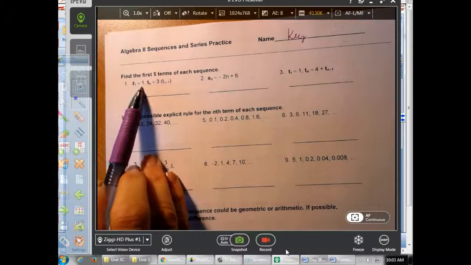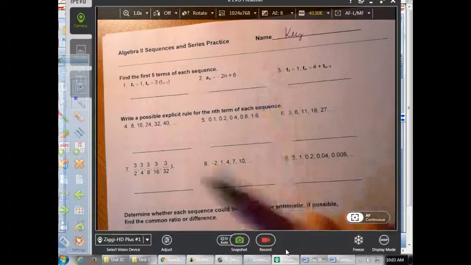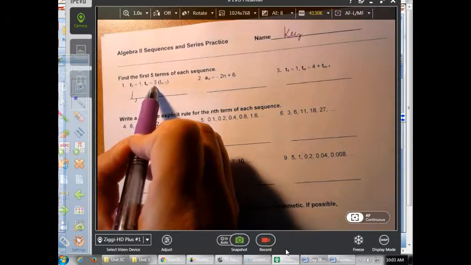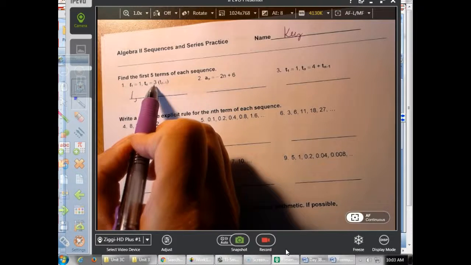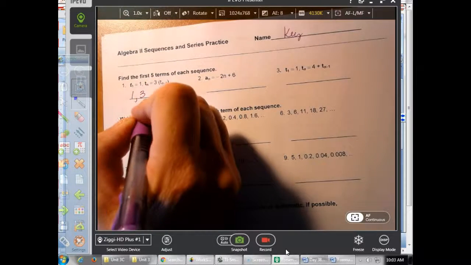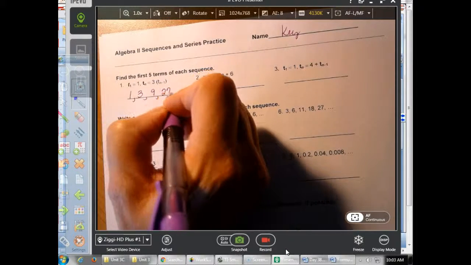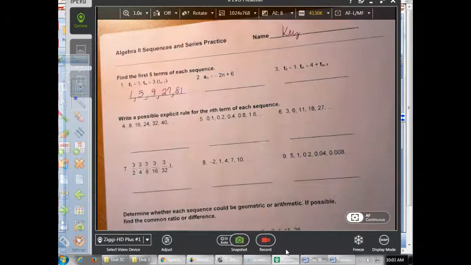They're giving us the first term of 1, so we start with 1, then multiply by 3. This is geometric with a ratio of 3, so it'd be 3, 9, 27, and then 81. I'm just practicing writing the sequence out.